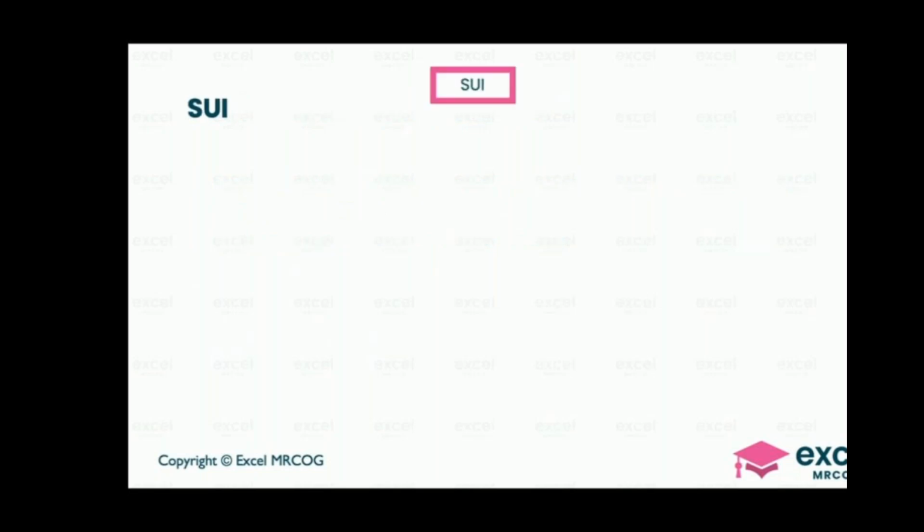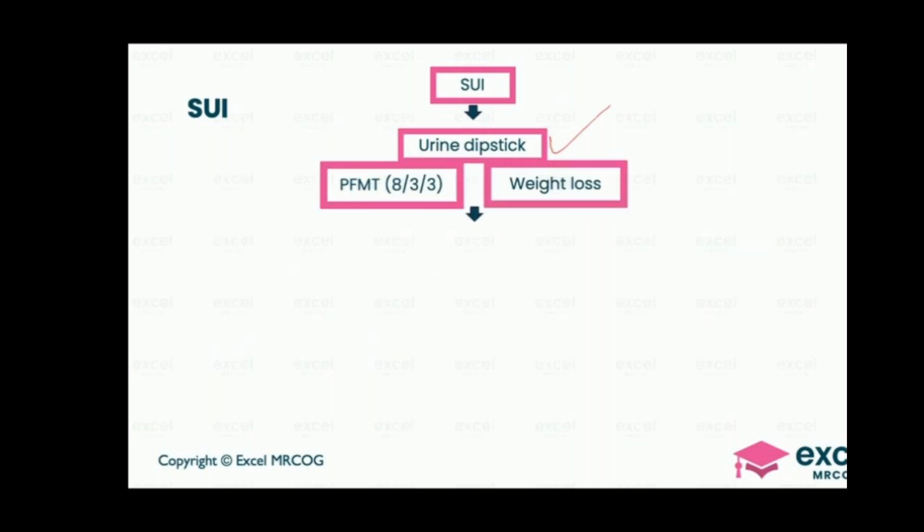So SUI, let's go with SUI. If there is a problem of SUI, what would you do first? You would do a urine dipstick, correct? All incontinence, you do a urine dipstick. After that, you would do PFMT, 8 contractions 3 times a day for 3 months. Okay?